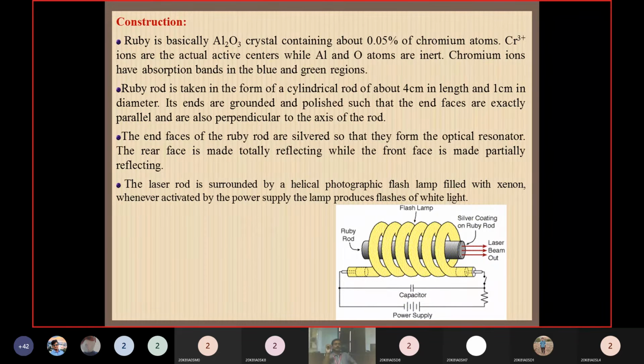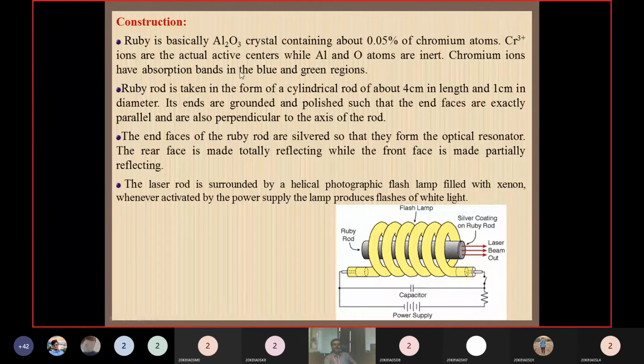Here the Cr3+ ions are the active centers, while aluminum and oxygen atoms are inert.